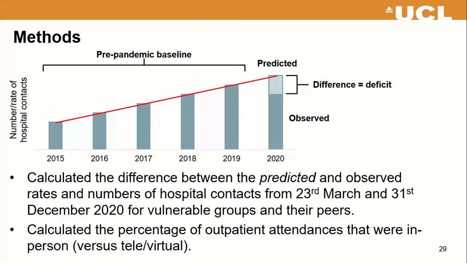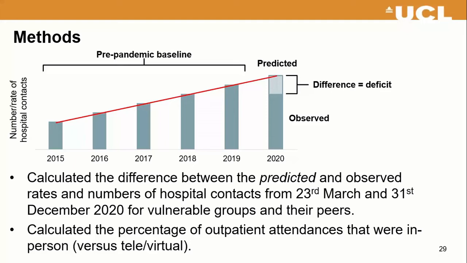And then we looked at the difference between what we expected based on the prediction and what we actually observed based on what was recorded in the dataset. That difference was one of the main outcomes. So it became the deficit that we were attributing to the pandemic. And we also looked just at the percentage of outpatient attendances that were in person versus tele or virtual.